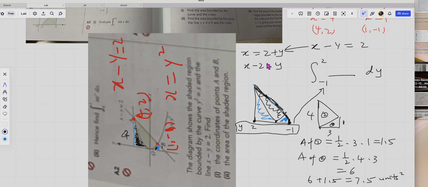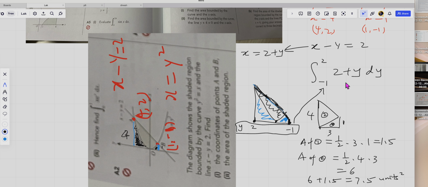Yes, because if you put x minus 2 into this, you will integrate and get nothing, because this is in terms of x with respect to y, so you get 0. Therefore, you shouldn't get it into this format. You should get it into this format and input it here.